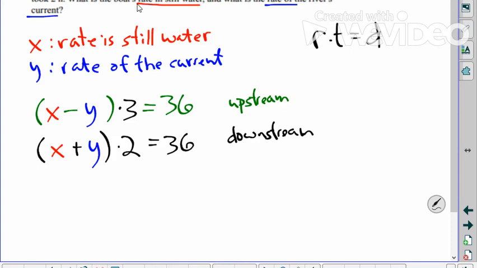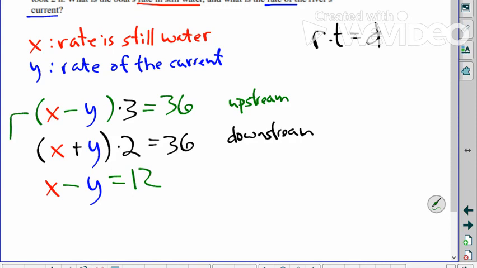Okay. Now, things that we could do on this, if we distributed the 3 and the 2 through here, we'd be able to make some adjustments. But also, since it's primarily multiplication over there, I'm going to take that top equation and divide both sides by 3, and that's just going to tell me that x minus y is equal to 36 divided by 3, which is 12.